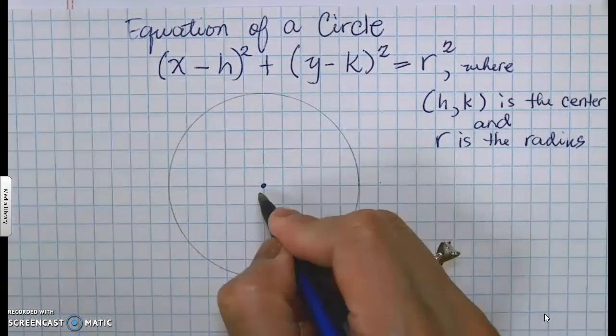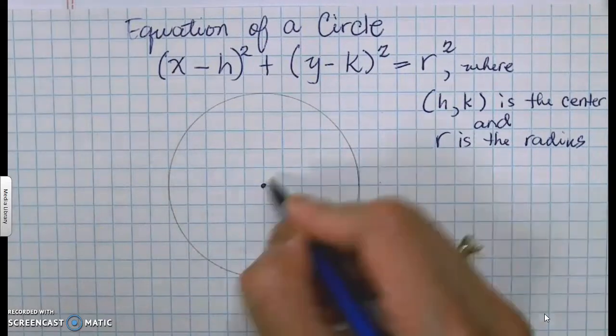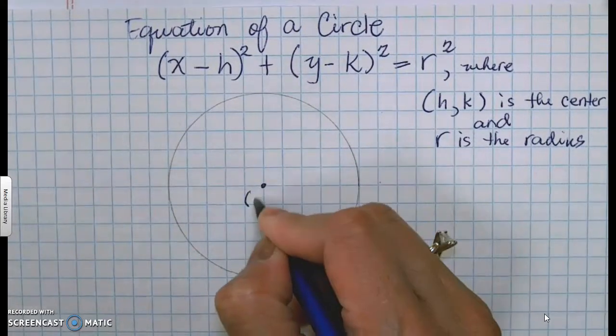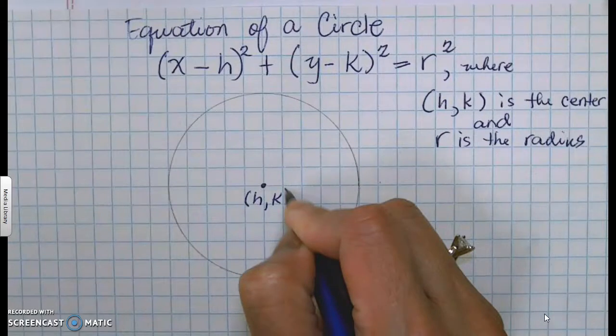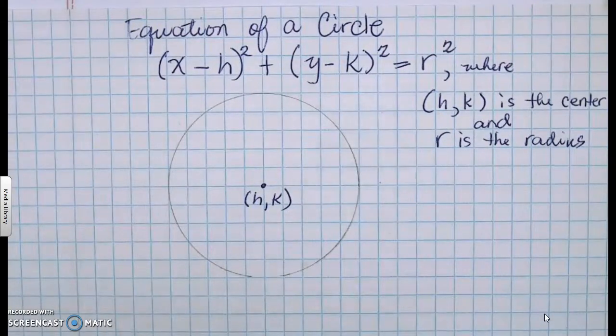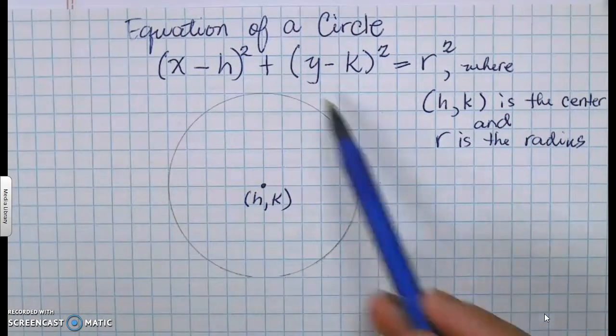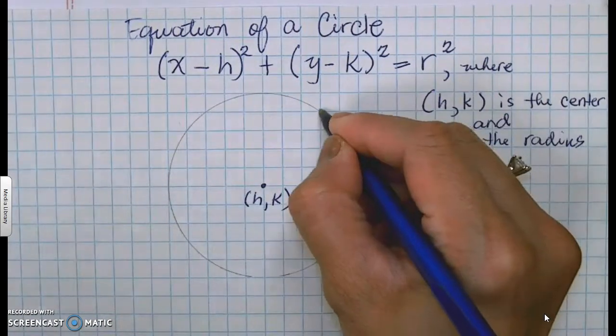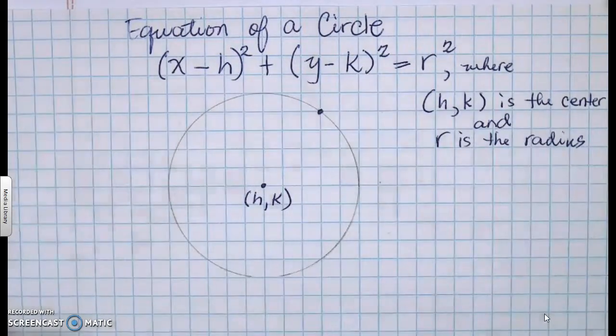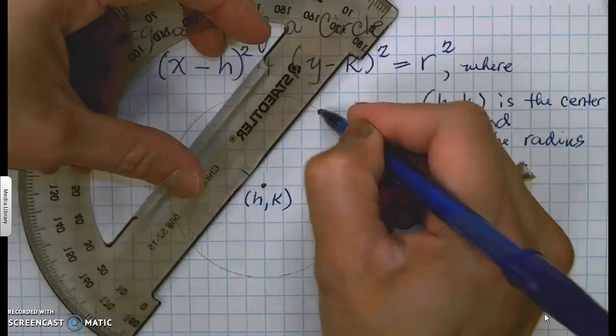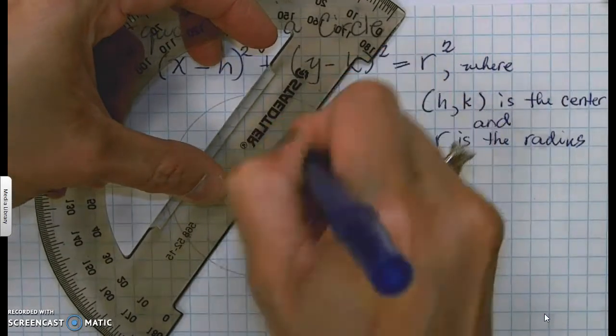So pretend that this is your circle, and that's your center with the coordinates h and k. I want to get the equation of the circle with a particular radius. So I would like to spot this point and determine the equation of this circle with this radius right here.